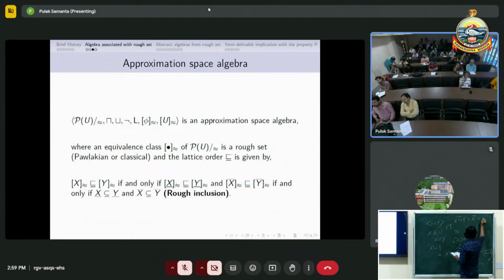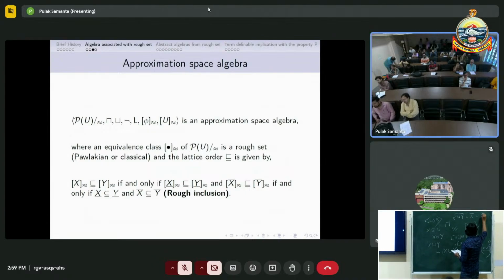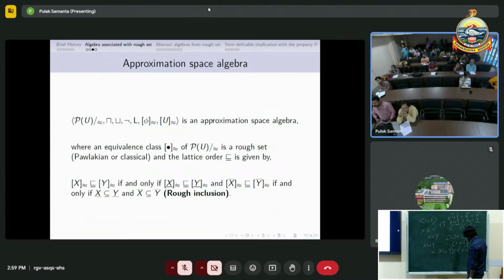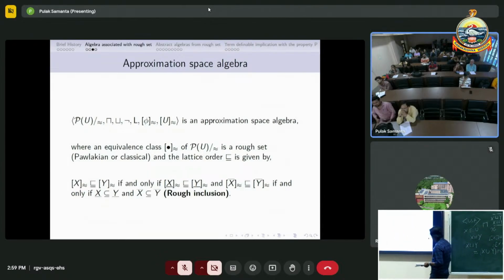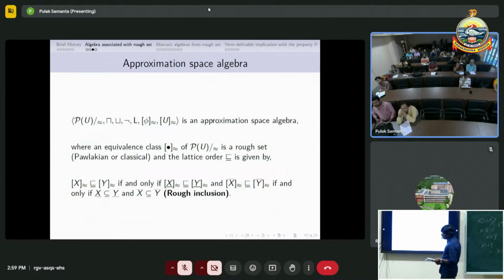This will be reduced to the usual operation, so depending on this fact, we can easily say that the definition is well defined. After that, we have the approximation space algebra.